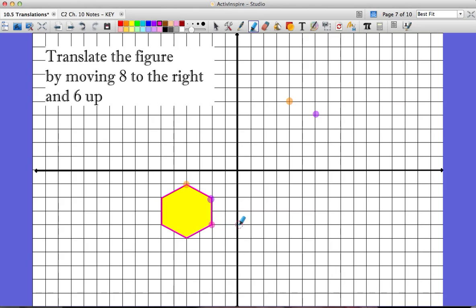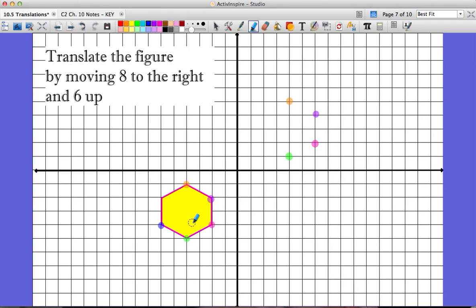Okay. Right 8 and up 6 again for the next point. Now this one's a little bit harder because you can't see the lines, so you kind of have to use the lines underneath.